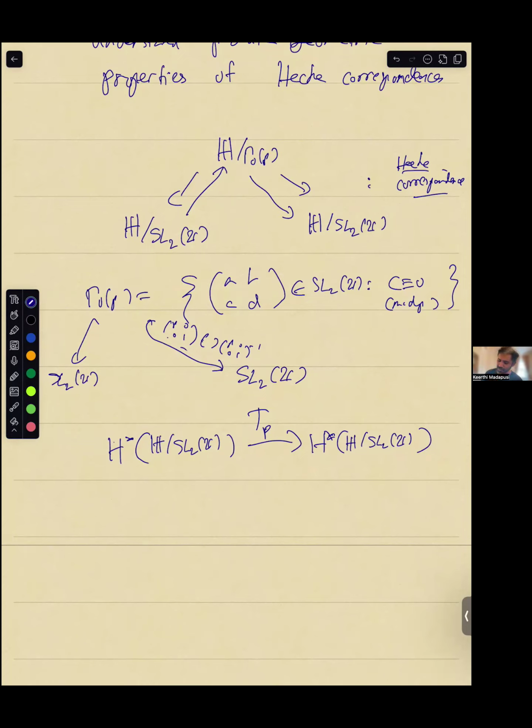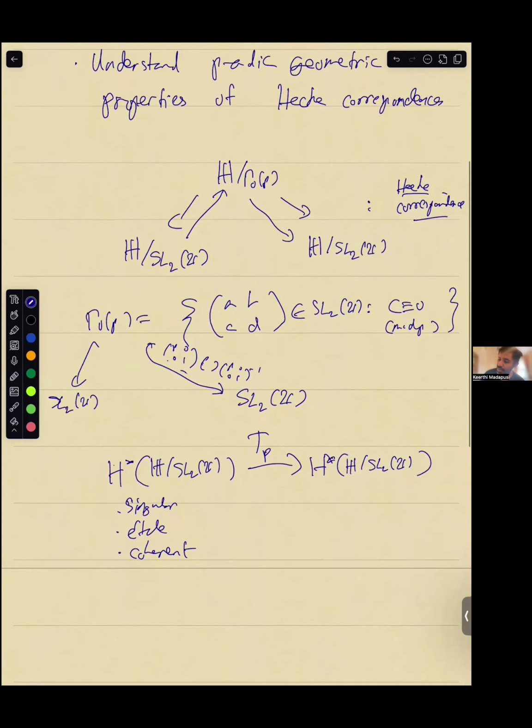This could be singular, étale, or coherent, with values in some appropriate coherent sheaf. And for all of these, this works quite well, and you get the various kinds of Hecke operators acting on the spaces of modular forms. Basically, this is the story there.